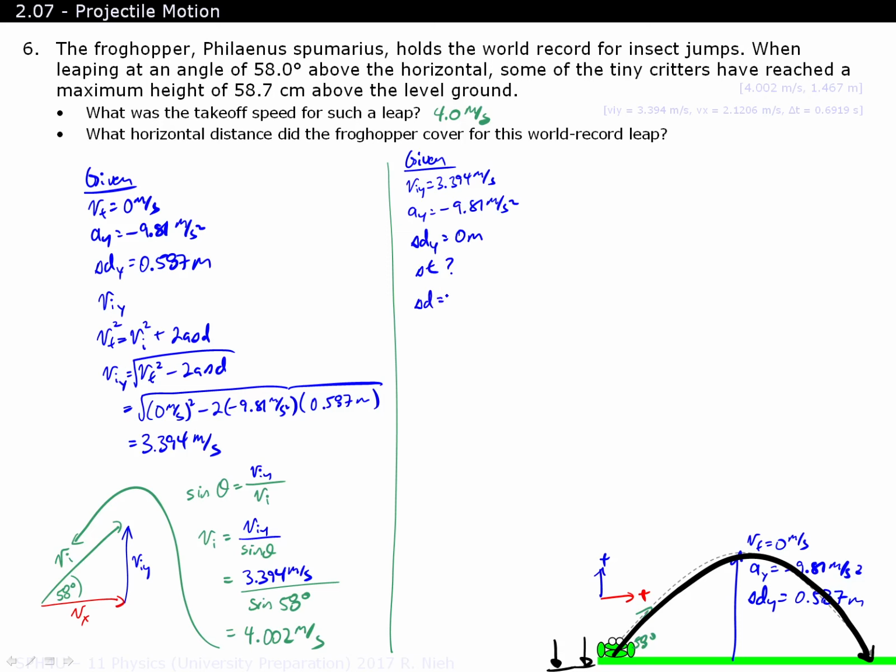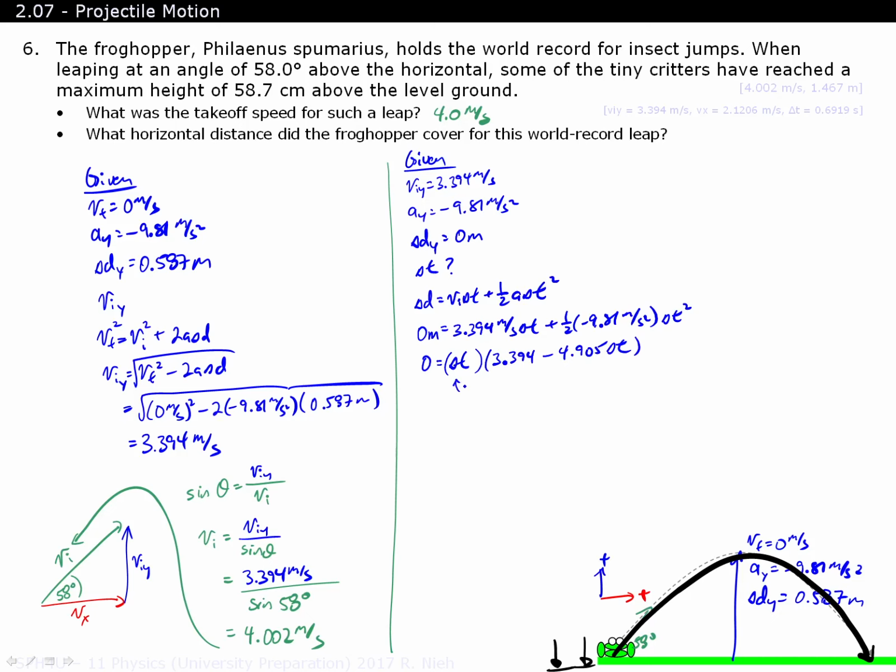Okay, so this equation here, delta d is equal to Vi delta t plus 1/2 a delta t squared, and we're going to isolate for time. It may seem intimidating, but luckily since one of the terms goes to 0, we do not need to use the quadratic formula. 3.394 meters per second delta t plus 1/2 negative 9.81 meters per second squared times time squared. Drop the units, factor out t. So one of the roots is 0, and the second is 3.394 subtract 4.905 t.